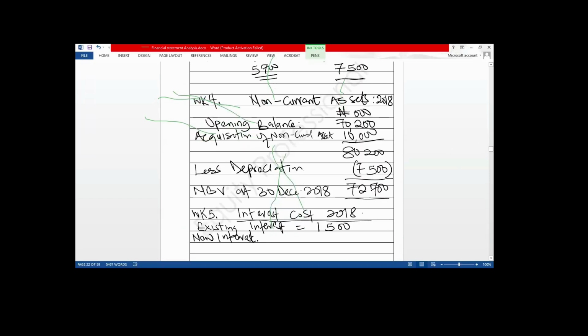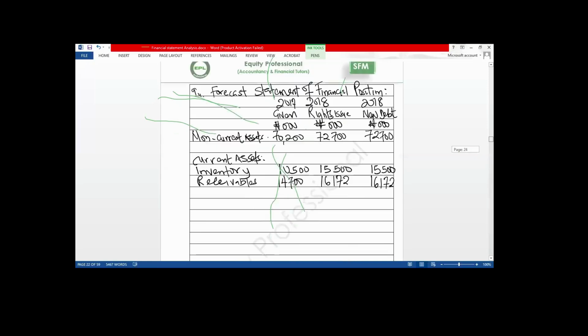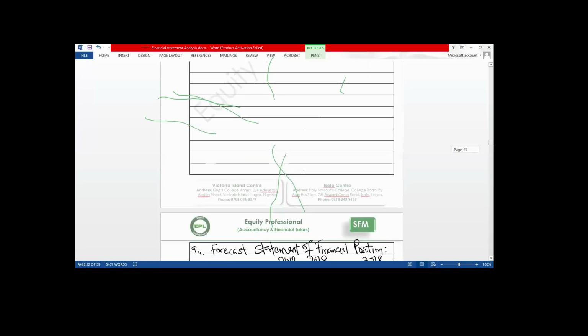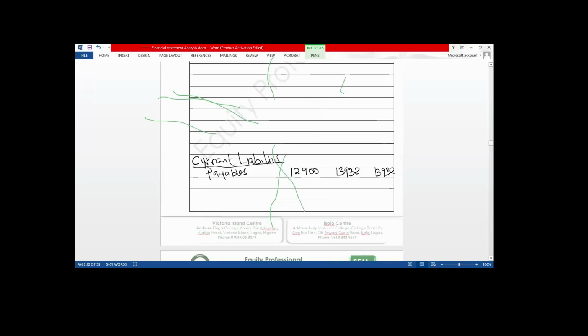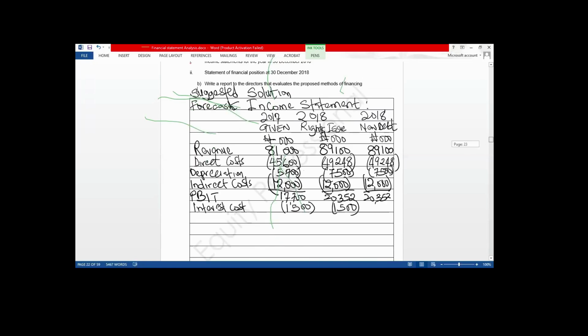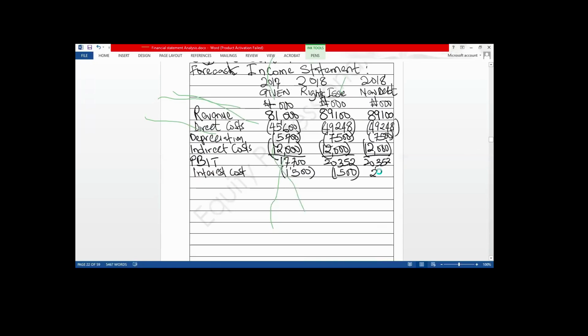The new interest is equal to 15,000 multiplied by 8%. That will give us 1,200. That means total interest 2,700. If the expansion is financed by debt, then the interest cost will be 2,700.